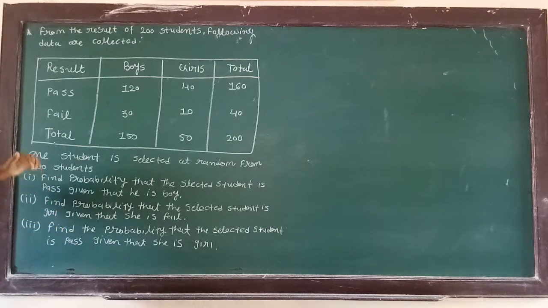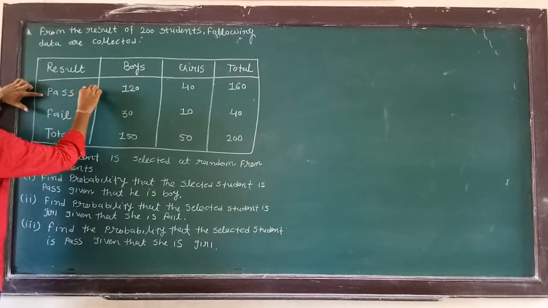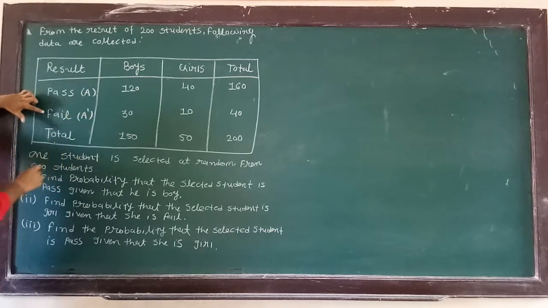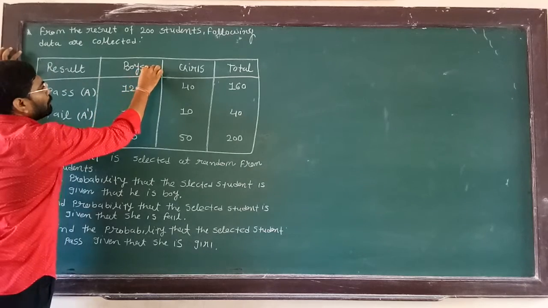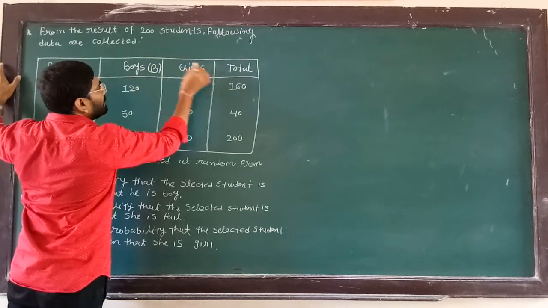Three conditions. Here, the student passes, it is A, and fails, it is A dash. Same as boys means B and girls means B dash.